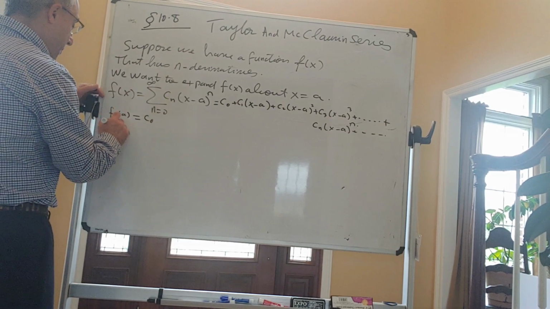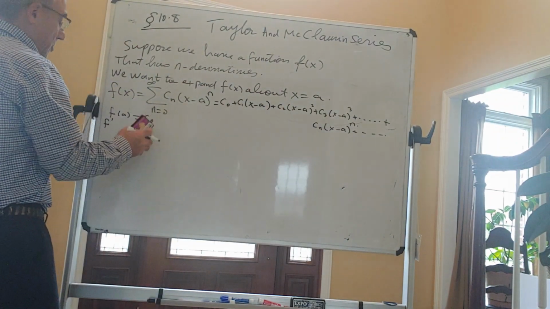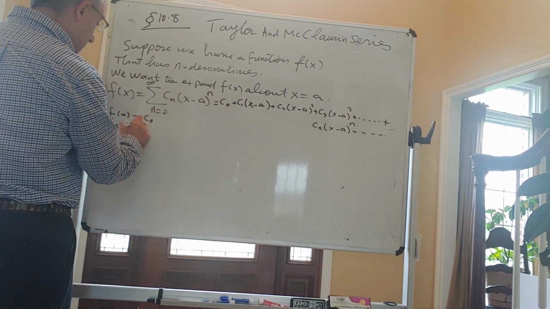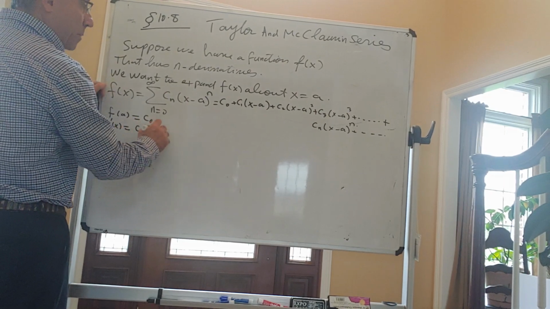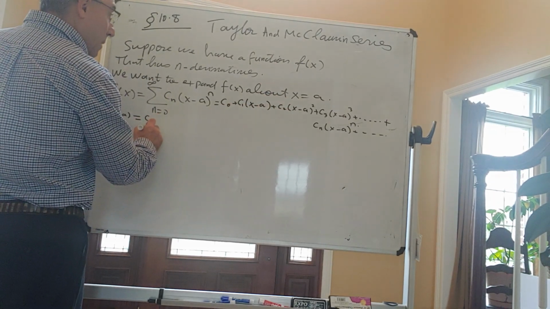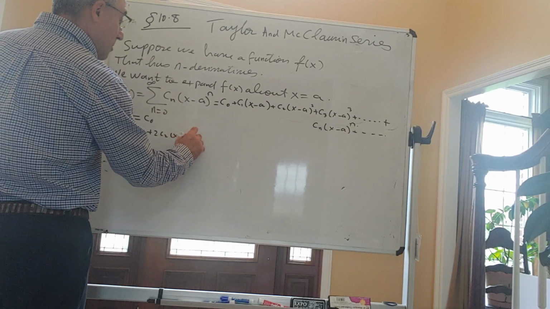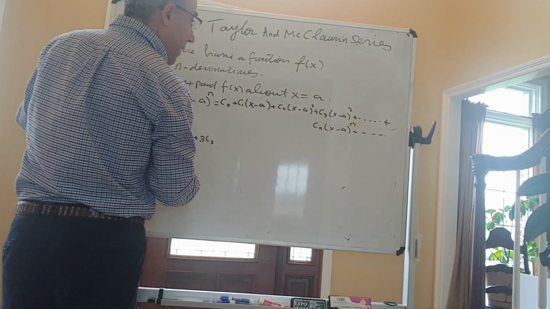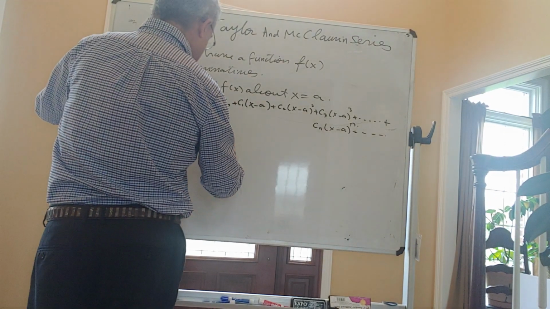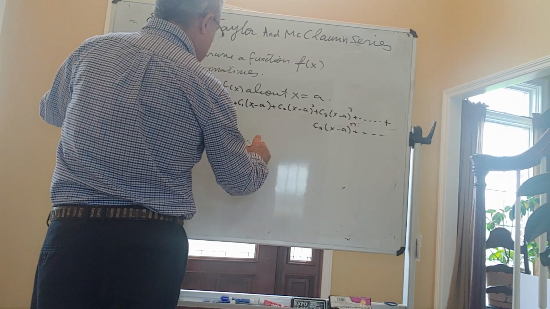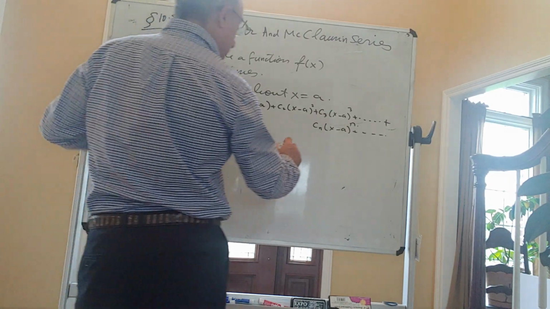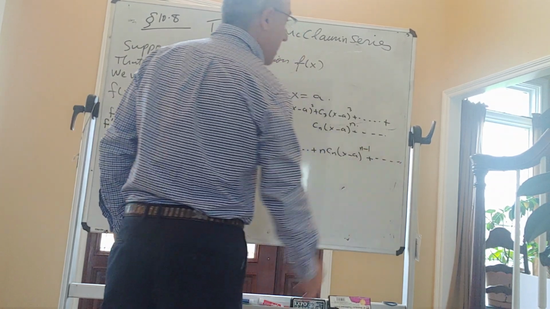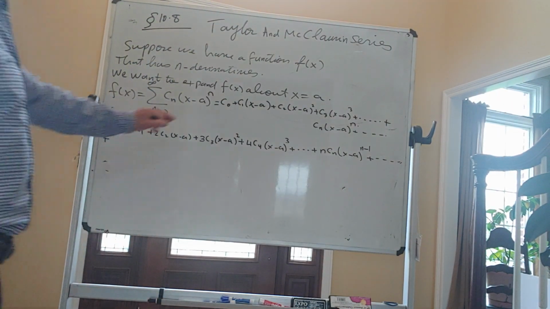Okay, so let's take the derivative. What is f prime of x? f prime of x is c1 plus 2c2 (x minus a) plus 3c3 (x minus a) squared plus 4c4 (x minus a) cubed, plus n c_n (x minus a) to the power n minus 1, and it keeps going. So I'm differentiating this polynomial here.